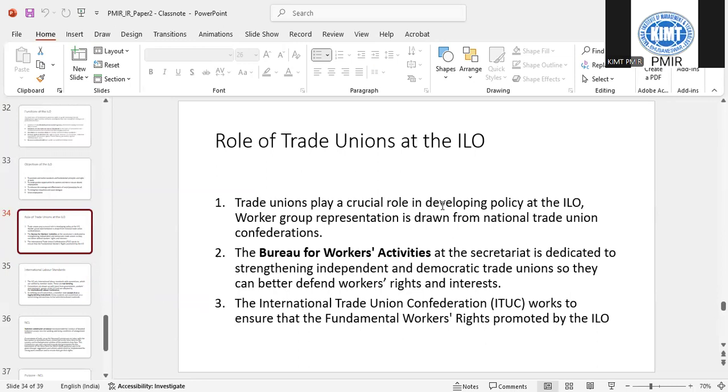They are mainly focusing and implementing all these problems, whatever they got from the employee base, to the International Labour Organization. So that is the main role of trade union towards the ILO.